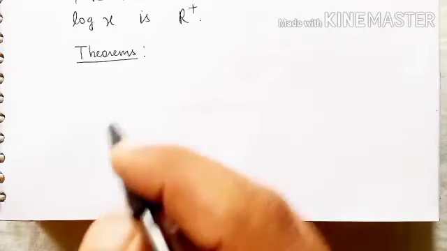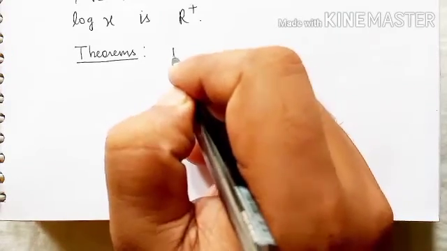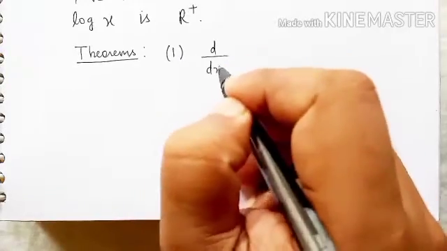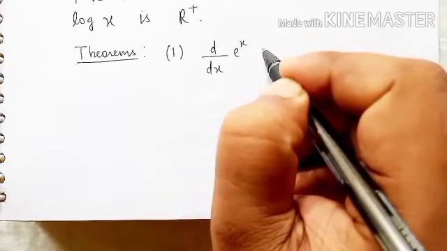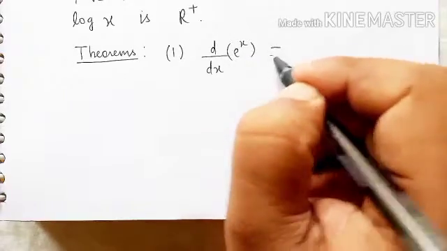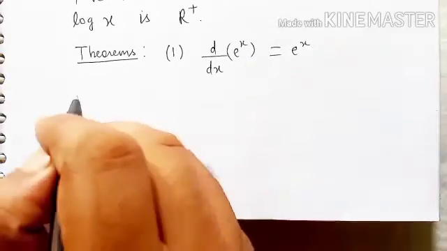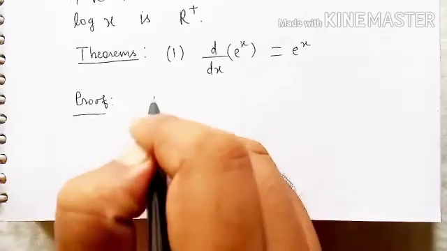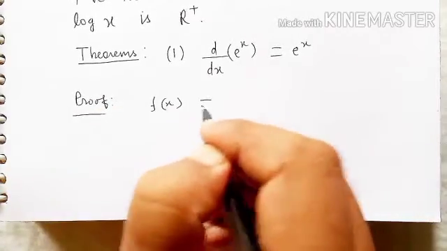Let us discuss some theorems and their proofs. First one is derivative of e to the power x is equal to e to the power x. Let us prove it. Here f of x is e to the power x.